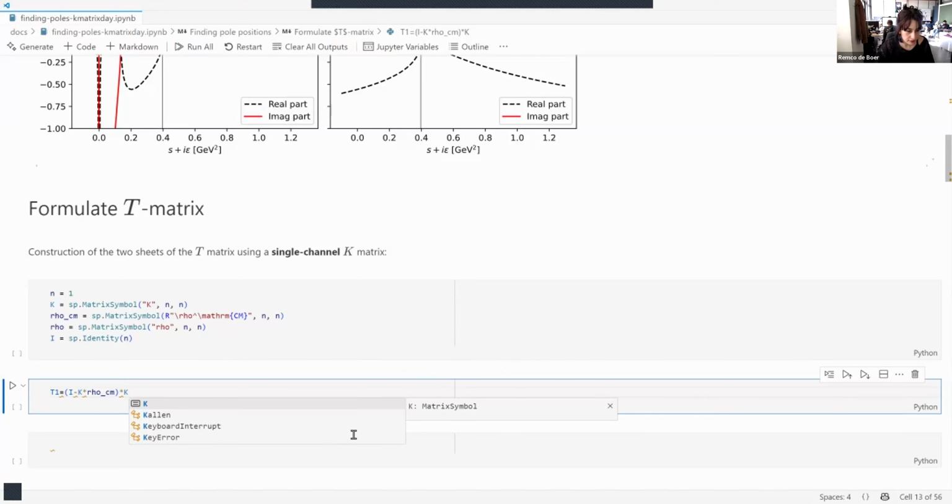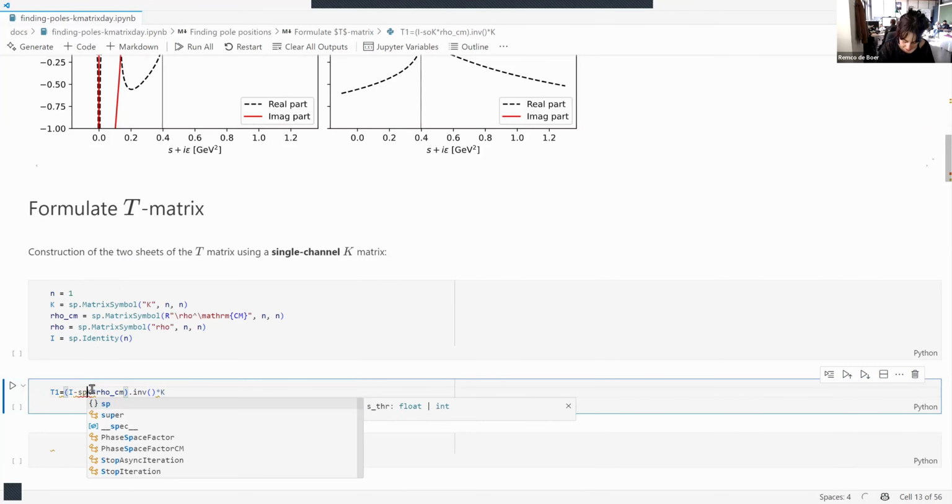And I'm missing the inverse here, as I see. Okay, so now my T matrix or my T function for my first sheet is done. Here I'm using the Chew-Mandelstam phase-space vector, and I think I'm missing an i here, so I will add an i.